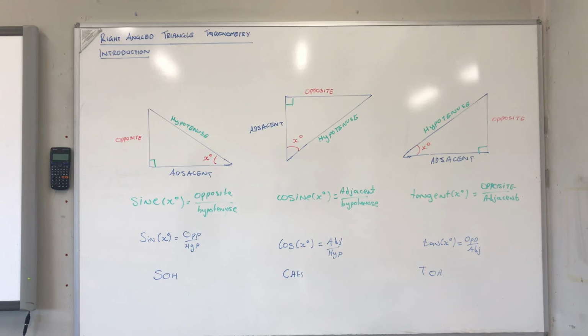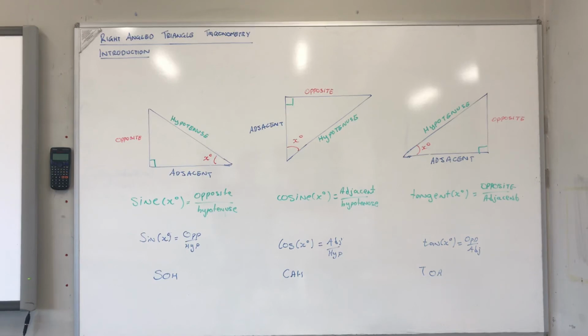So the mnemonic for learning right-angled trigonometry is SOH CAH TOA. Sine equals opposite over hypotenuse, cos equals adjacent over hypotenuse, tan equals opposite over adjacent. It's just a mnemonic to help us learn this, okay?